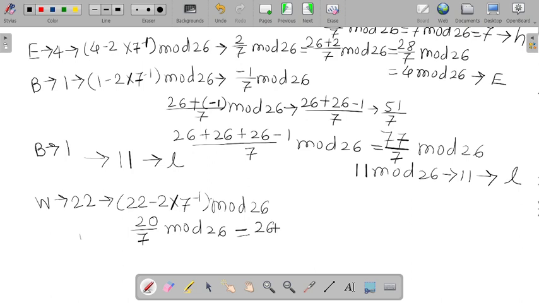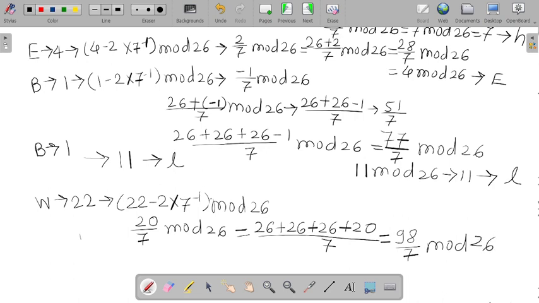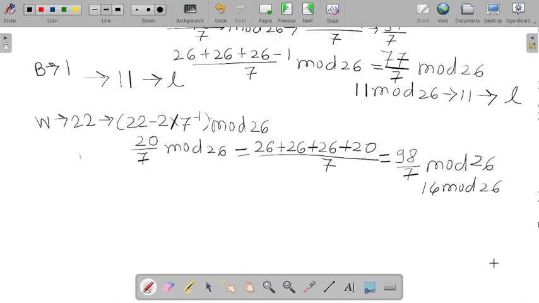Here we require adding 26 three times to 20, which gives 98, and 98 is divisible by 7. So 98 divided by 7 gives 14, and 14 mod 26 is 14. And 14 we can write as the plaintext letter O.